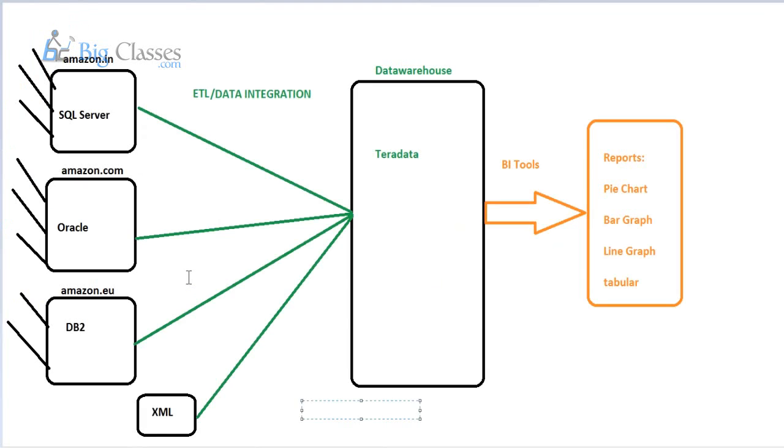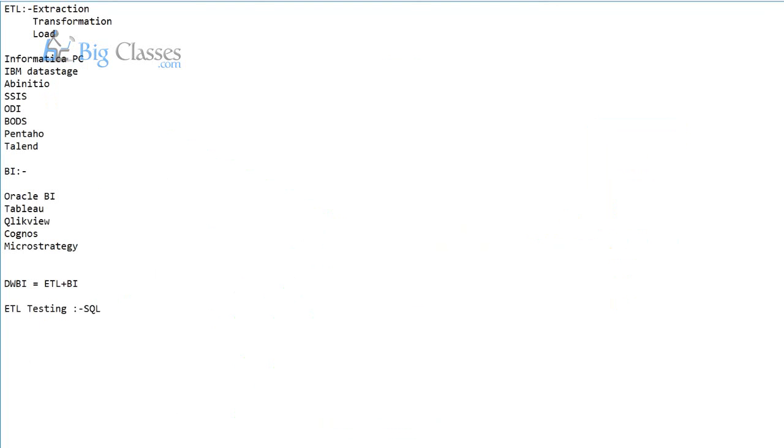So how do you validate it, and how is ETL testing classified? ETL testing is basically classified into smoke testing, functional testing, system testing or integration testing, and we also talk about performance testing, and there are scenarios wherein we have to do some kind of regression testing.